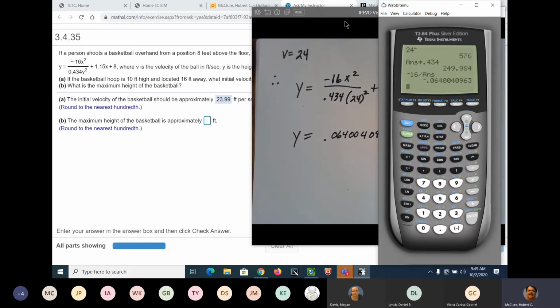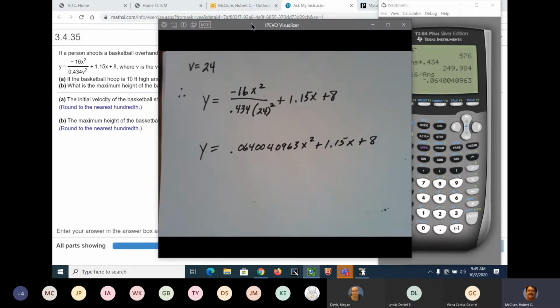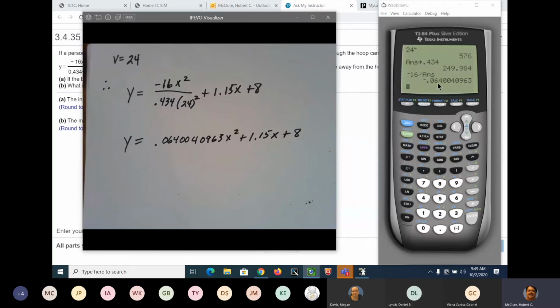Move this over now. 0.06400, 0.06400, 409.63. Now I'm going to graph that. And since I use 24, I'm going to type all this in because mine is going to be a little bit off.